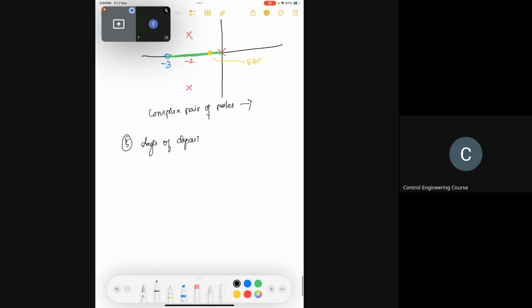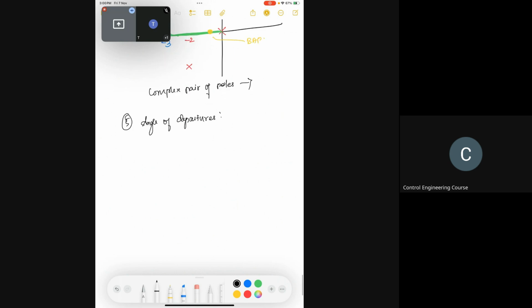For all problems that have imaginary or complex roots, we have to calculate this extra step. This tells you how branches leave complex poles into the complex plane.